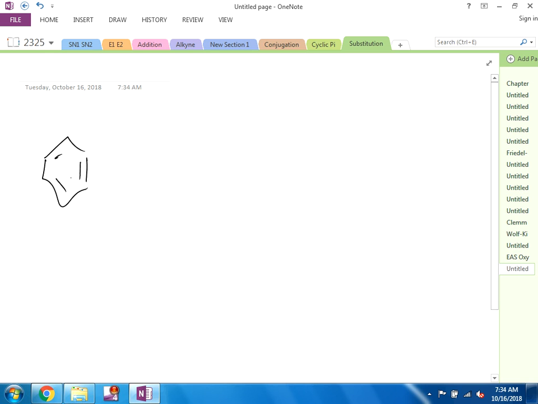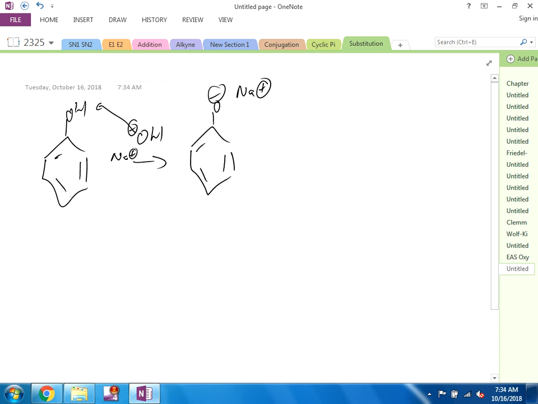Now most of these we've done already with no group on the benzene ring, but if we have phenol, we can treat this with base, like sodium hydroxide. And people call this phenoxide. I'm going to change how I draw the double bonds in here.